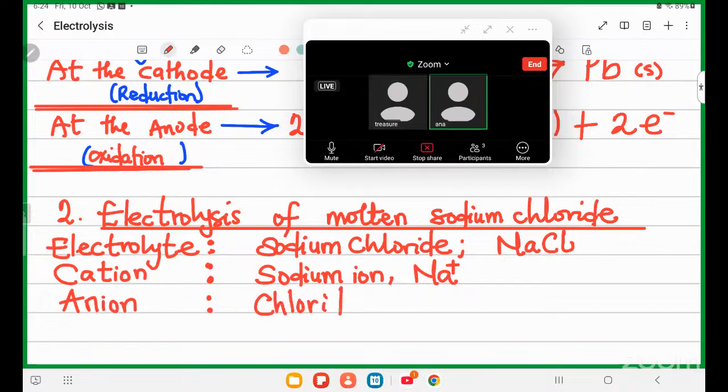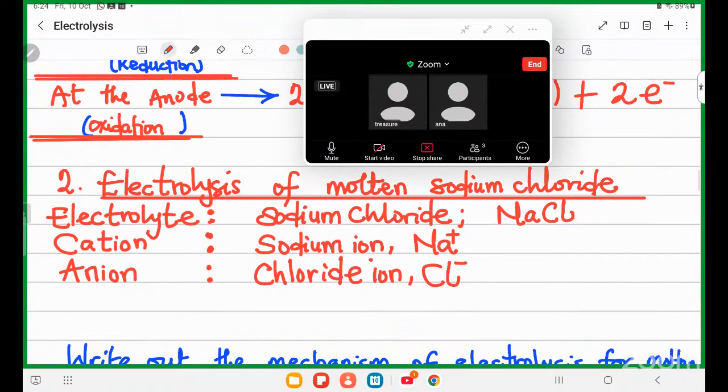Is chloride ion. What is the formula for chloride ion? Would it be Cl negative? Cl negative. Good. Then the next step will now be discharge of ion.